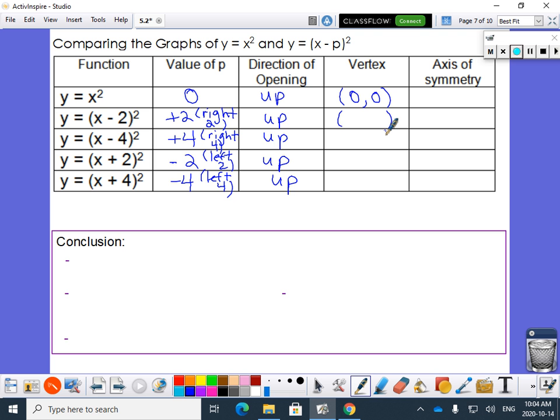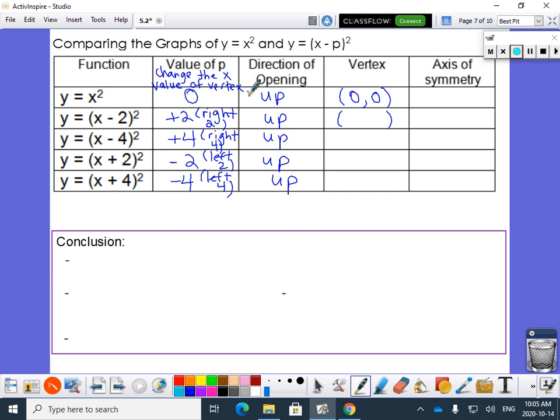So 0, 0, this is the p-value. So that is going to become your x value. So I'm going to write that up here. Change the x value of vertex. Now you'll see why this is important, why we had to do this.